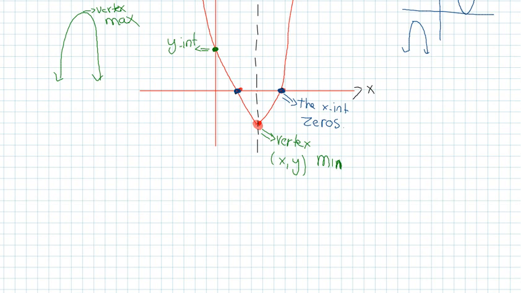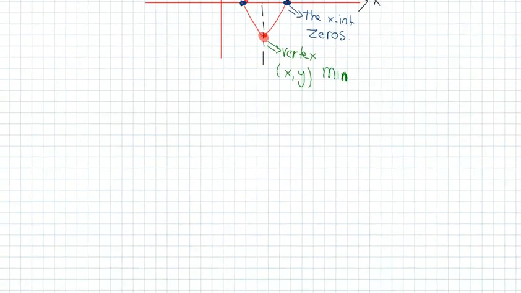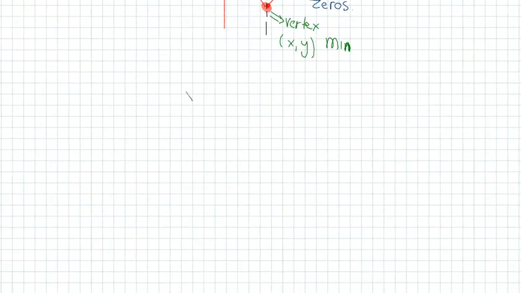Before we move on, I'm going to graph the parent of all quadratic functions. All quadratic functions come from one parent, and that parent will be moved left, right, up, down, vertically stretched, or vertically compressed to get all the other quadratics from it. So the parent of all quadratics is y equals x squared.